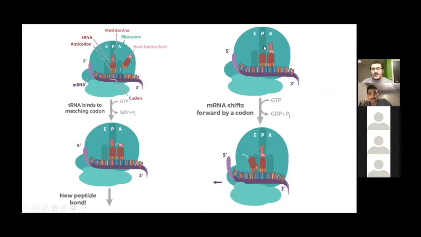Then you get translocation, where the tRNA that had the previous protein gets ejected from the E site, and the tRNA that you had on the A site becomes the P site tRNA.